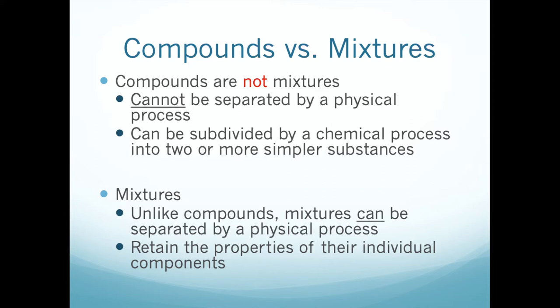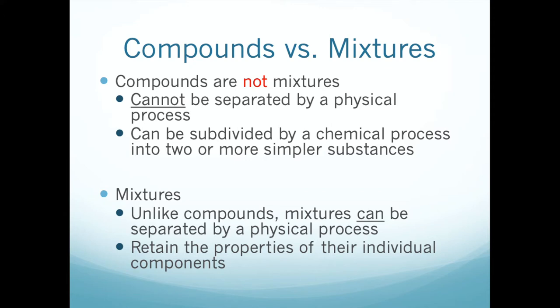The third way you can distinguish these is by looking at the properties of your mixture or your compound compared to the things making it up. I mentioned that sodium chloride as a compound is very different from the elements making it up, sodium and chlorine.